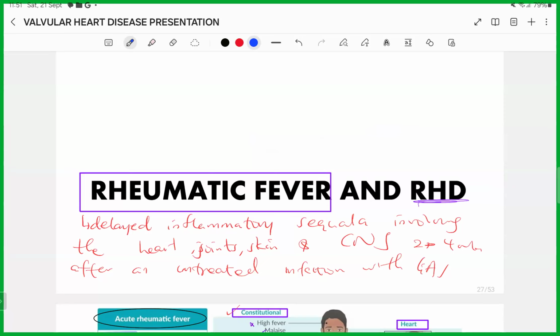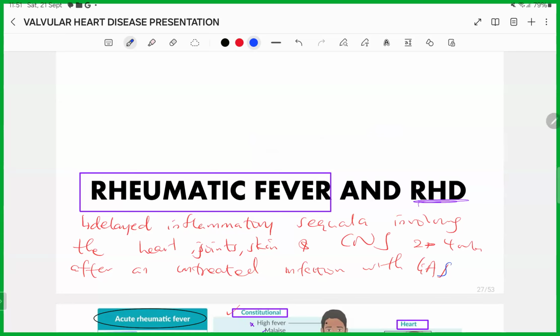So rheumatic fever is defined as a delayed inflammatory sequela (a sequela is a consequence, or something that comes after) that affects the heart, joints, skin, and CNS 2 to 4 weeks after an untreated infection with group A streptococcus.